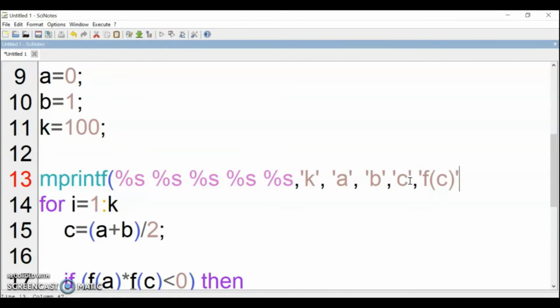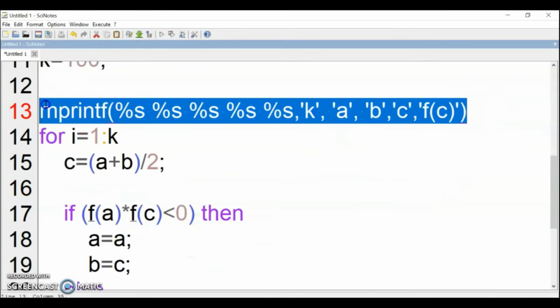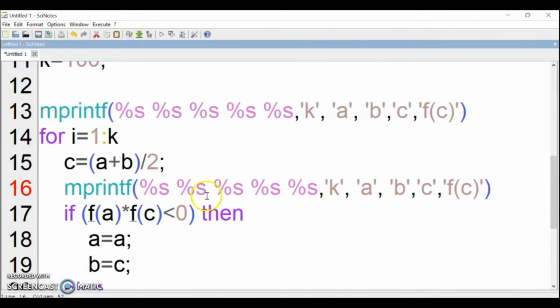So let me just tell you. If I have 5 percent s, 1, 2, 3, 4, 5. S stands for characters. So I'm going to display these characters. I must have 5. Quotation 1, 2, 3, 4, 5. Now what I'm going to do here is copy this and put it somewhere here. But instead of s, now d for integer.